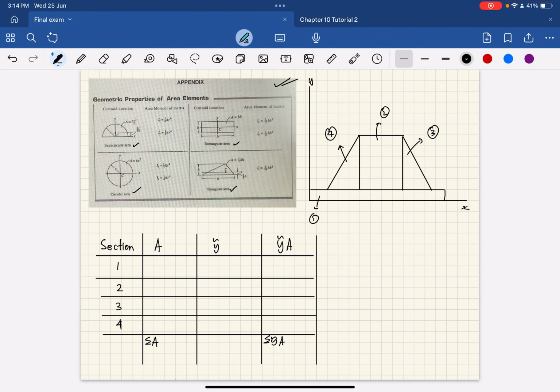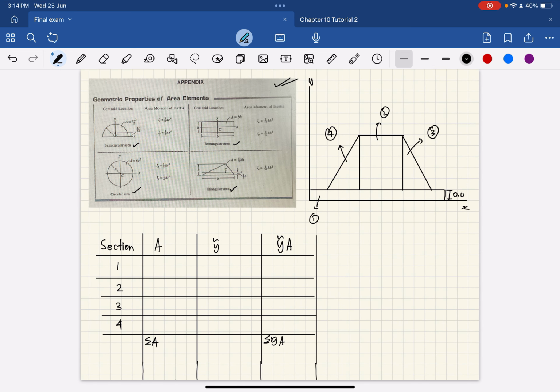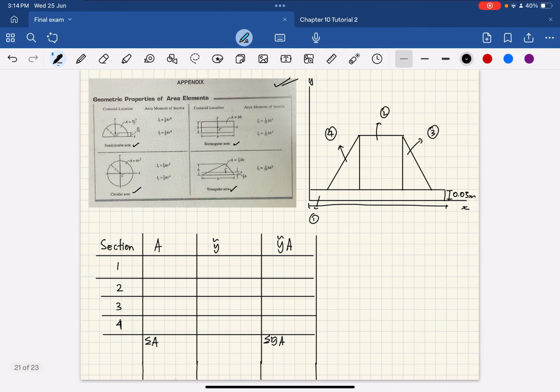So for section 1, what is the area? It's a simple rectangle. I think this is 0.05 meters, right? And this whole thing you have to add up all these values, by the way, which I think I got was 1.1 meters.